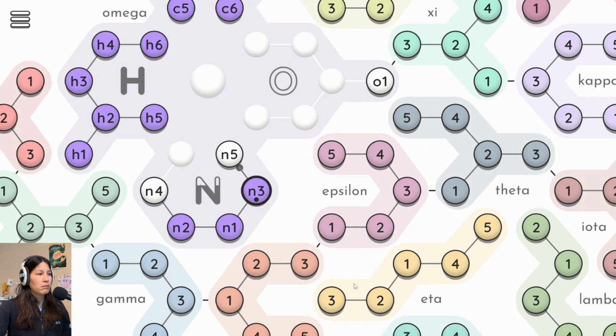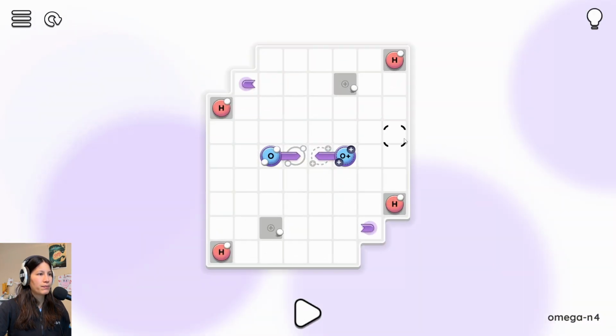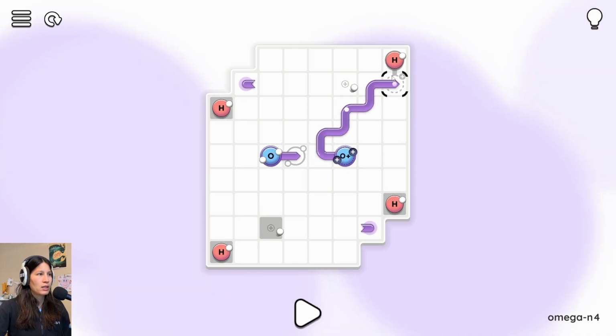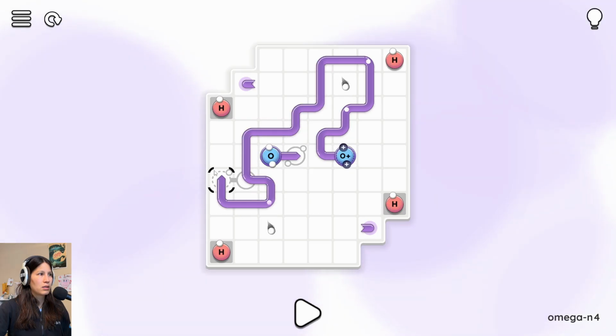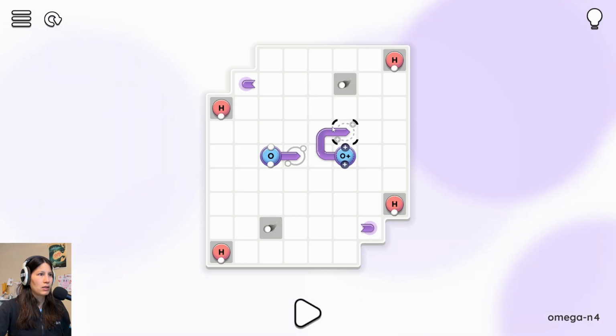Huh. I didn't know that. So I think this is 2 waters that I want, but how do I want them? This is gonna need to get like, I don't know what I'm doing. Okay.